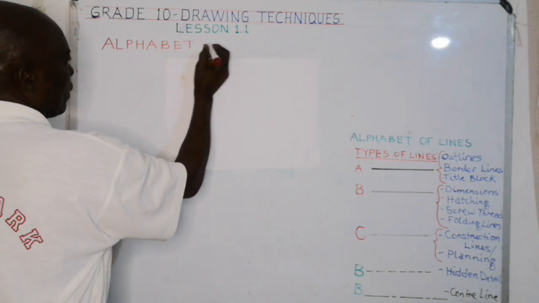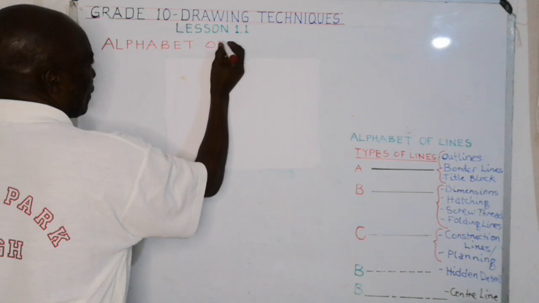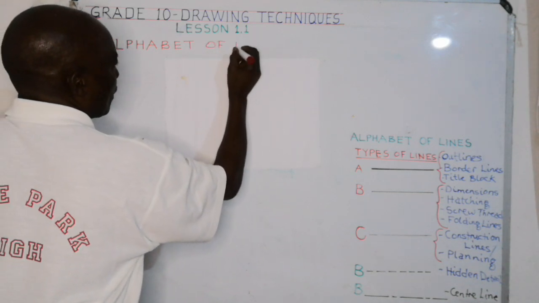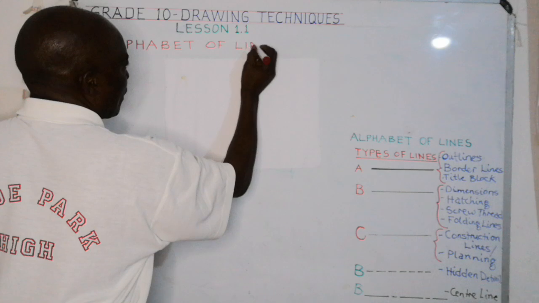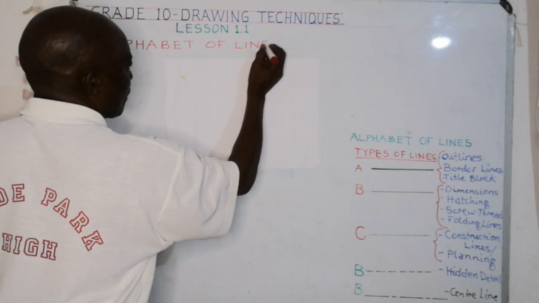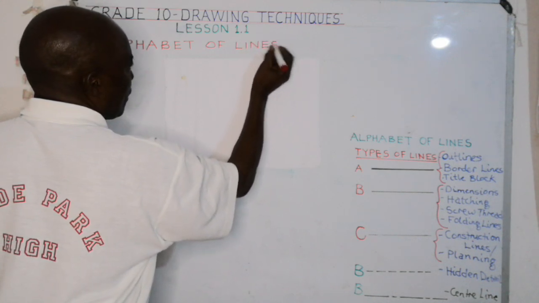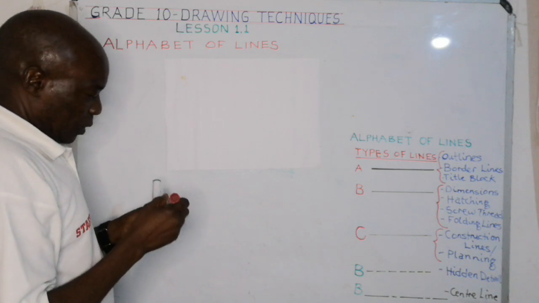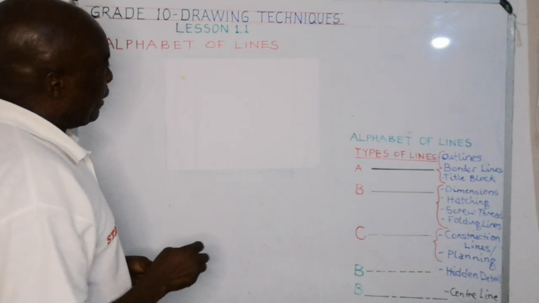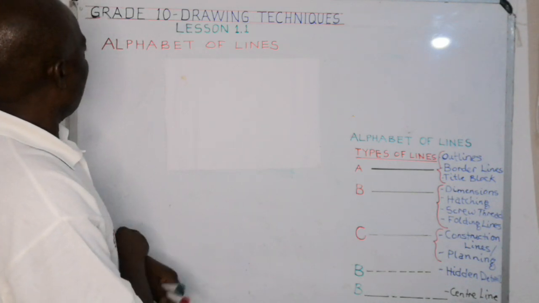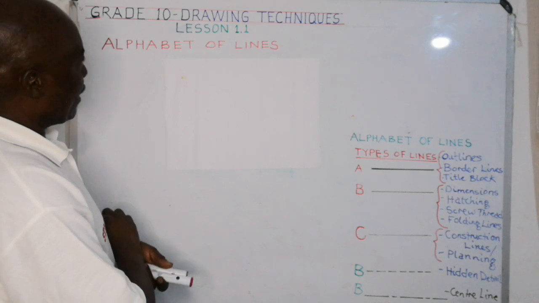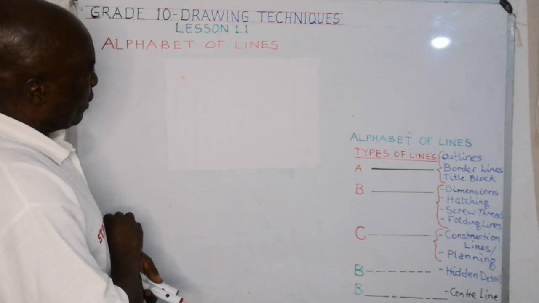Alphabet of lines. Right. So on alphabet of lines, I've said it is the type of lines that are used in a drawing.